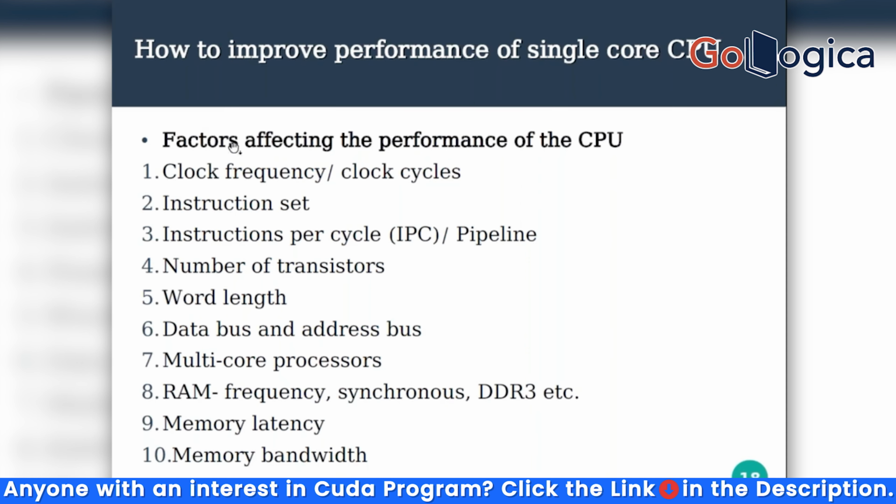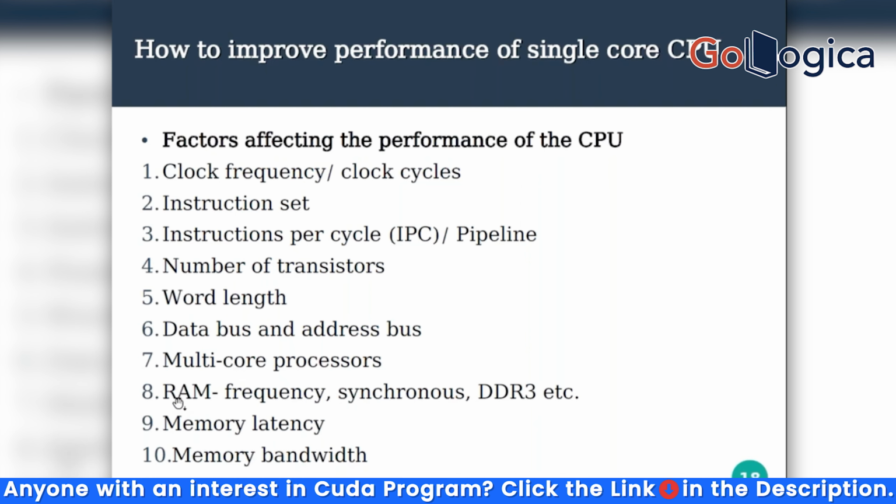It is not at all required to understand this concept in order to do CUDA programming. These are terms computer scientists use for system specifications, right? So just to give a deeper idea of how we can improve the performance of a CPU, we can see these parameters.